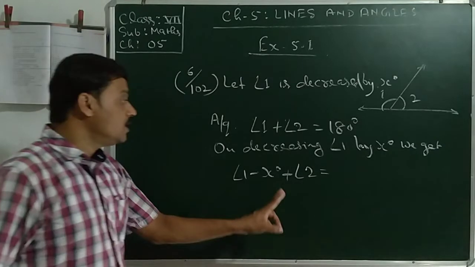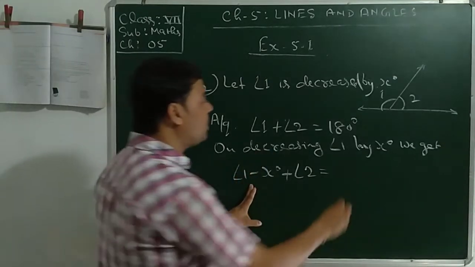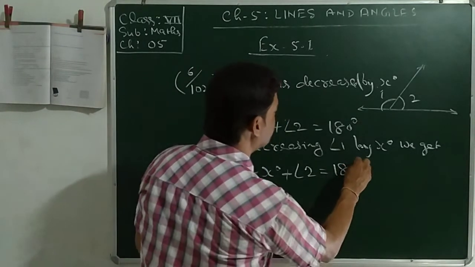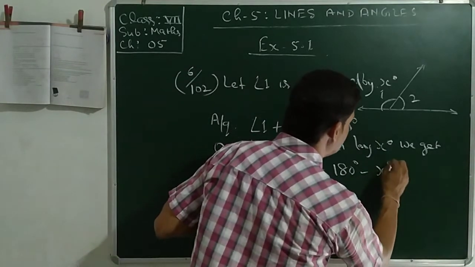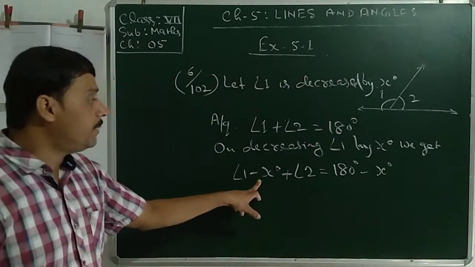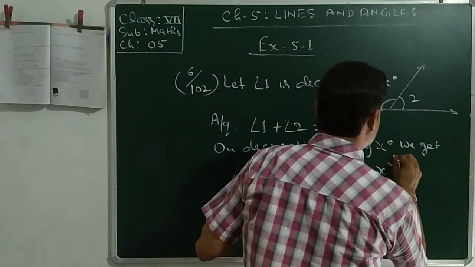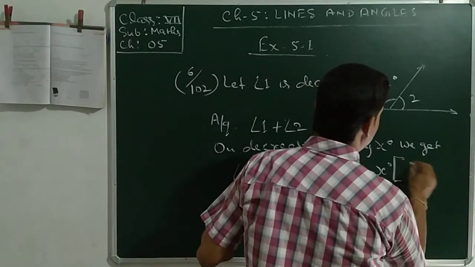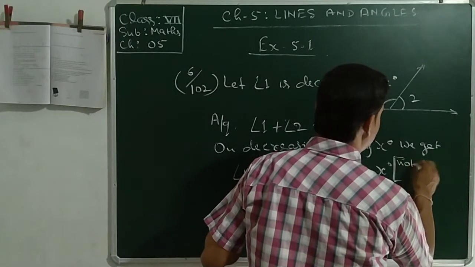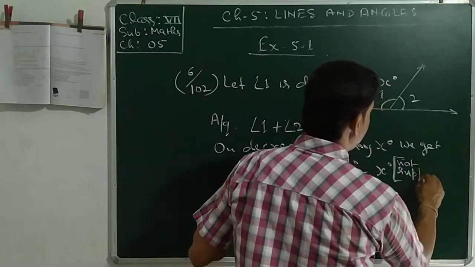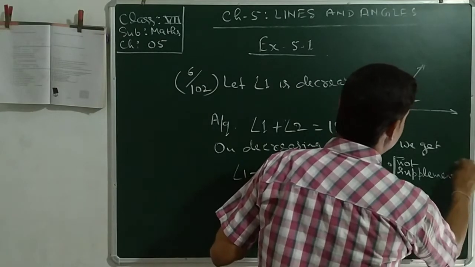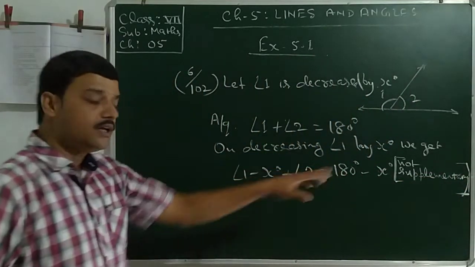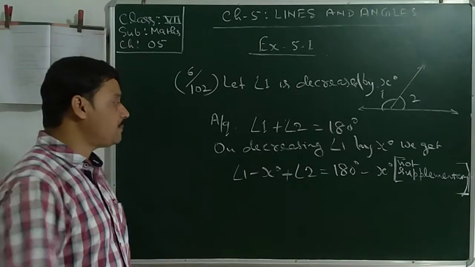Angle 1 plus angle 2 was 180 degree. Once it is decreased by x degree, it will be less than 180 degree, and it's not supplementary. We need them to be supplementary.